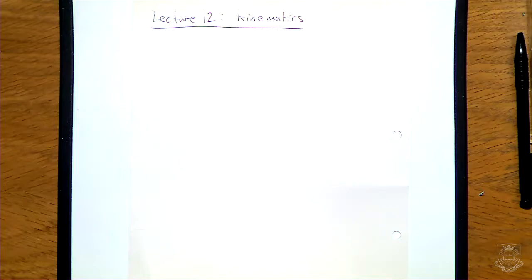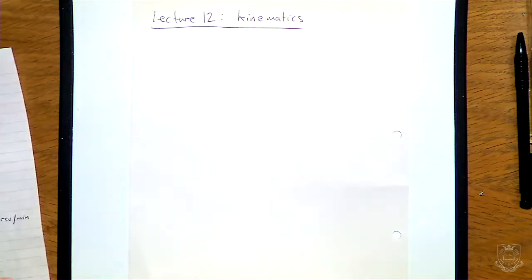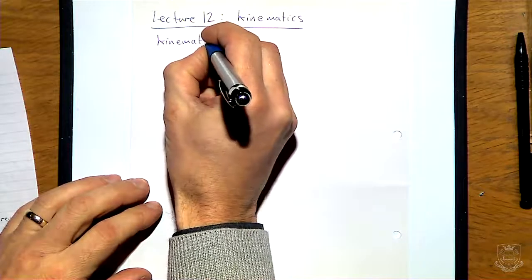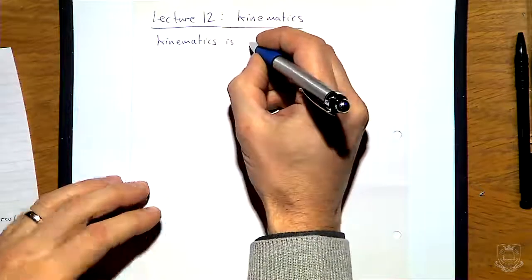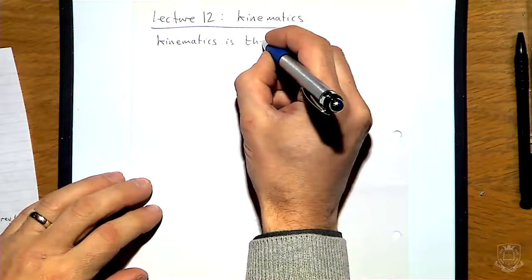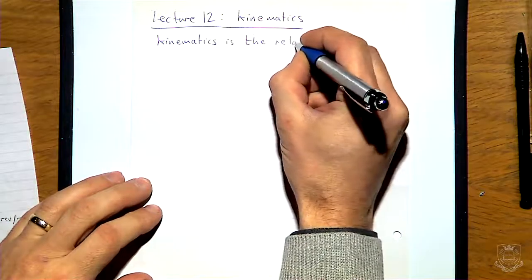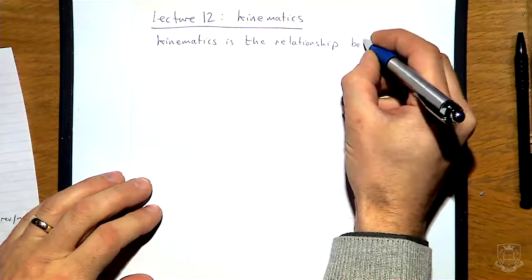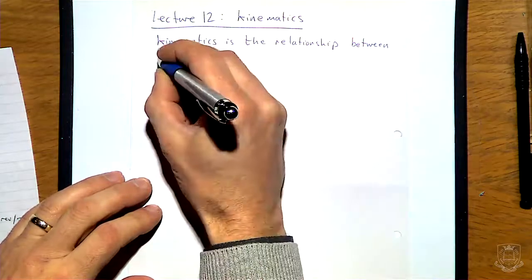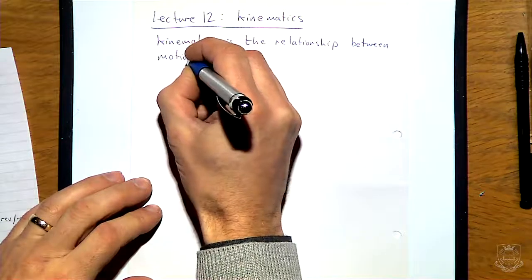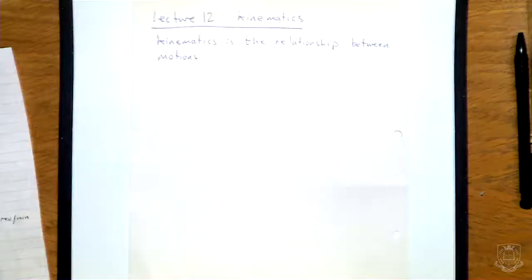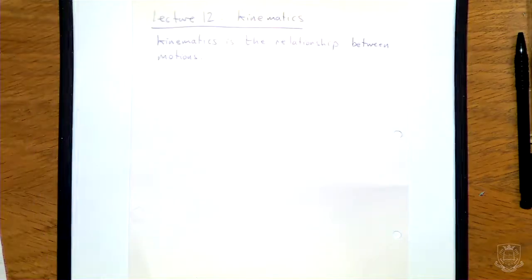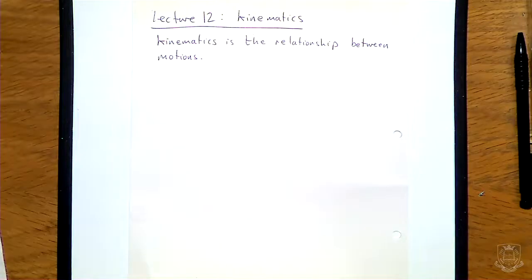So, what is kinematics? Kinematics is the relationship between motions. Okay, so it's the relationship between how different parts of our system move in relation to each other.